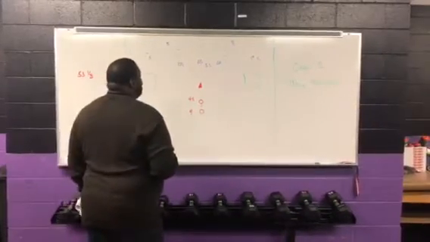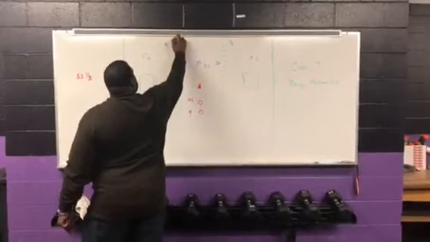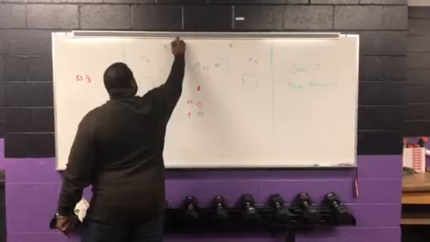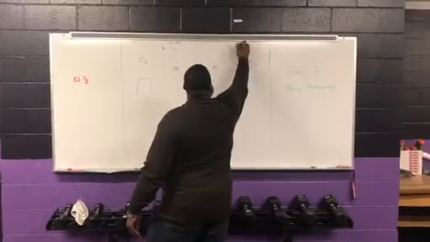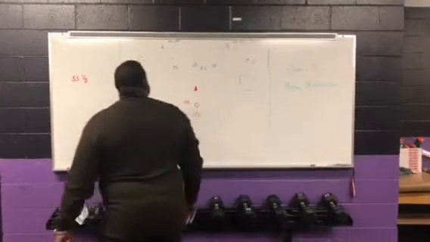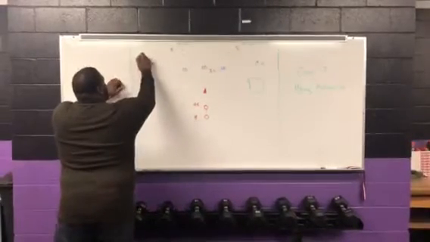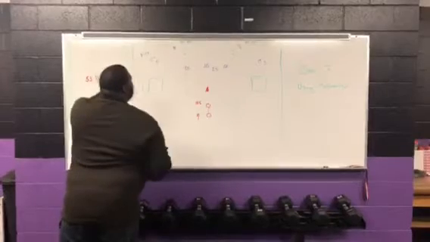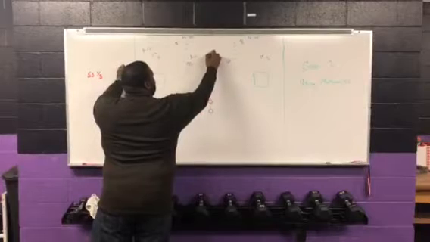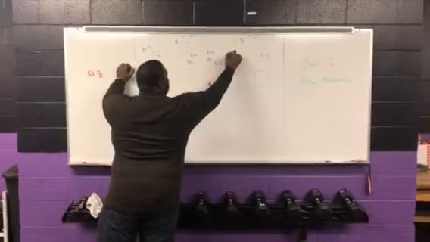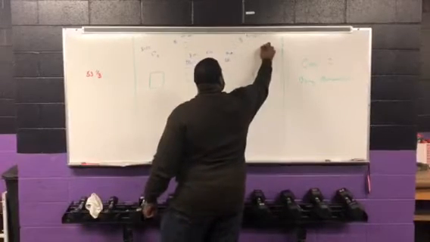These safeties are going to drop anywhere from 15 to 20. Our corners on their drops are going to be anywhere from 8 to 12. Linebackers are going to be the same, 8 to 12, also 8 to 12 here.